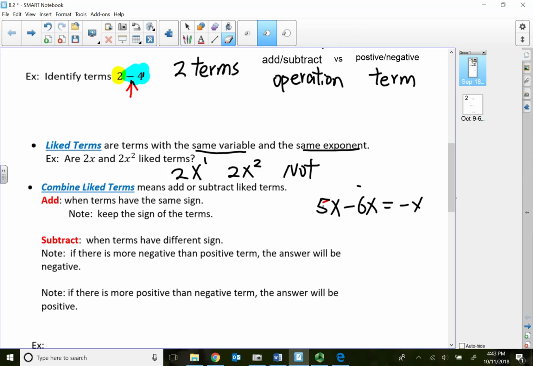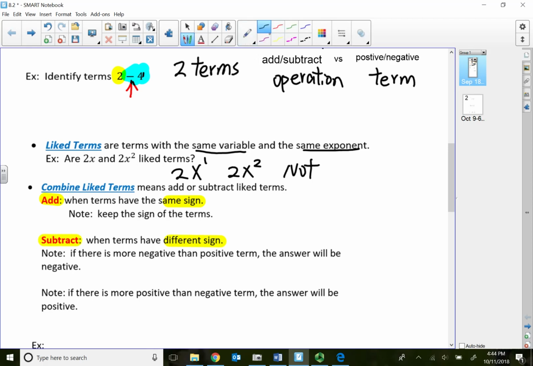So the more direct way of learning how to add and subtract with a negative is by thinking about the signs of the terms. If my terms have the same sign, we will mentally, in our head, add them, and we've got to keep the sign of the term. If my terms have different signs, then we will mentally subtract them.